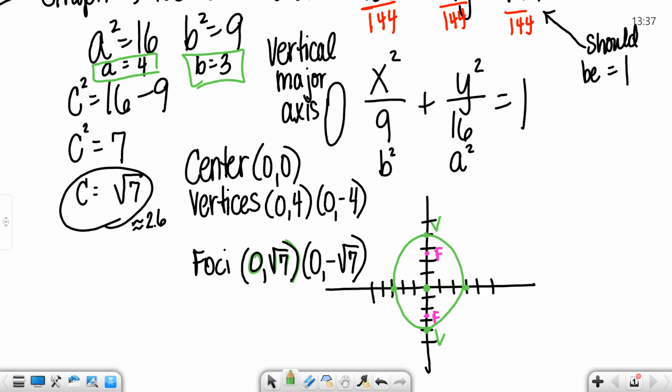We have the ordered pairs 0, 4 and 0, -4 as my vertices. I have my foci on the graph, my center, and then I did need those other points which don't have a specific name, but they are the endpoints of the minor axis. So how about I write those down?